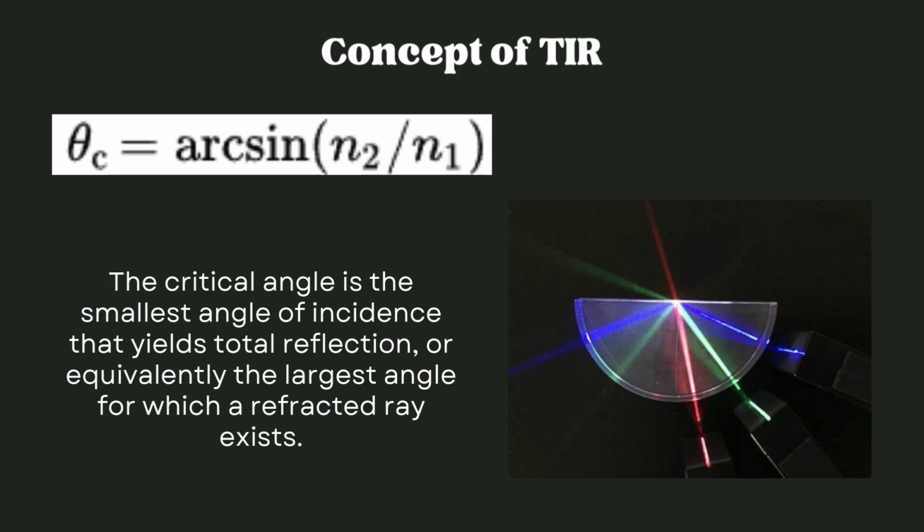For light waves incident from an internal medium with a single refractive index n1 to an external medium with a single refractive index n2, the critical angle is given by sin c equal to arcsine n2 over n1, and is defined if n2 is smaller than or equal to n1. For some other types of waves, it is more convenient to think in terms of propagation velocities rather than refractive index.